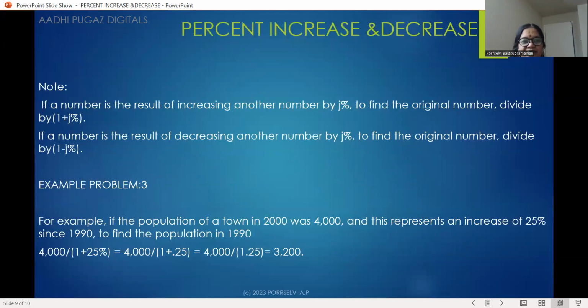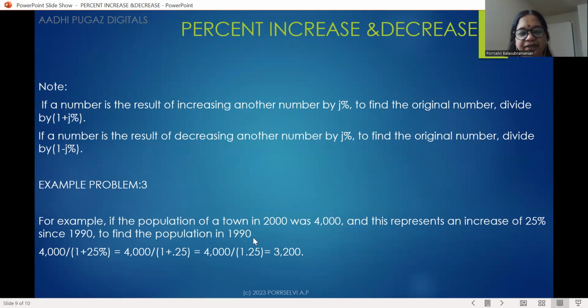We'll move on to the next slide now. Another example here. First we'll read the question, then you use this formula, and then you will know why we are using this formula. For example, if the population of a town in 2000 was 4,000, and this represents an increase of 25% since 1990, find the population in 1990.